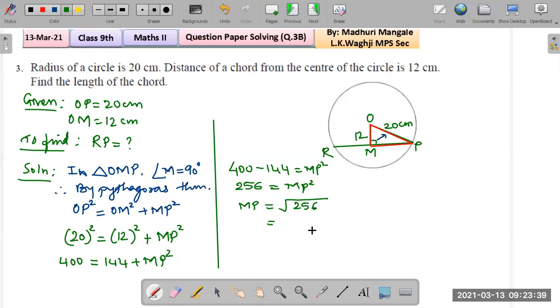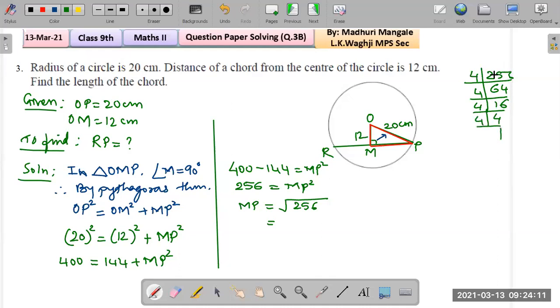And what is the square root of 256? Simply factor it, using 4. So 4 times 6 is 24, 4 times 4 is 16, and 4 times 1 is 4.